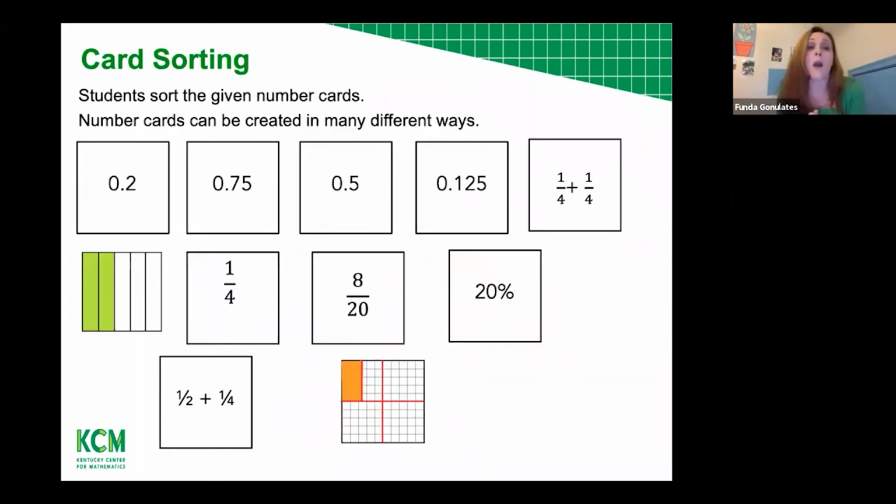And then they can do card sorting. You can create different card sorts. These are a collection of cards that I created. Card sorting is finding the same quantities together. As you can see in my card sorting, I provided a variety of representations: decimals, fractions, visuals, and even equations. Get creative and create as many different cards as you like for card sorting.